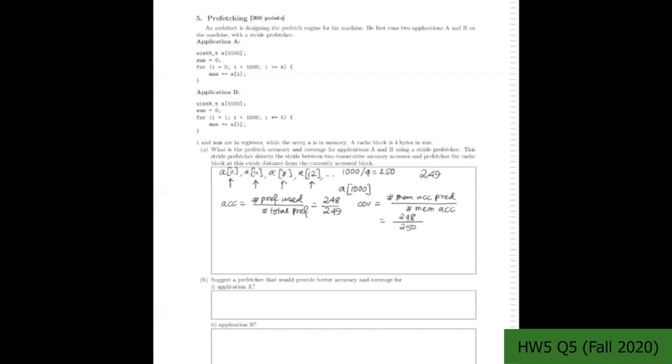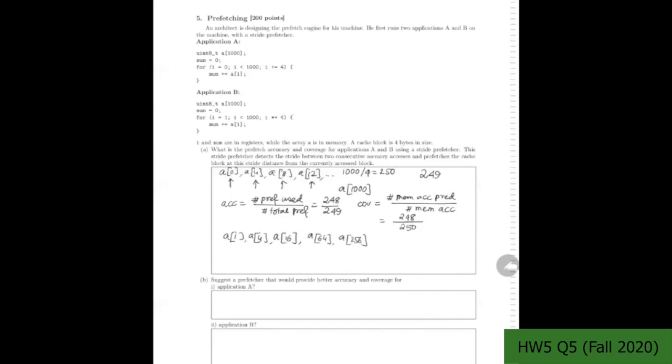Now let's see what the stride prefetcher's accuracy and coverage would be for application B. As we can see, application B will access the array elements A1, A4, A16, A64, and A256 only.